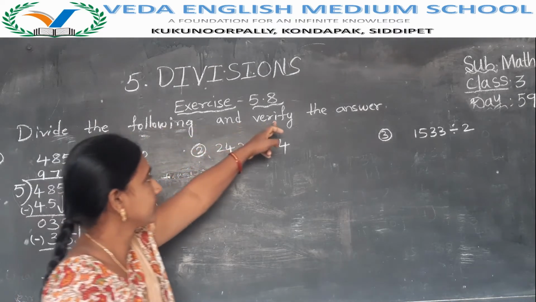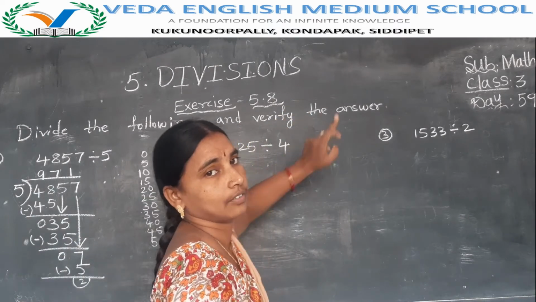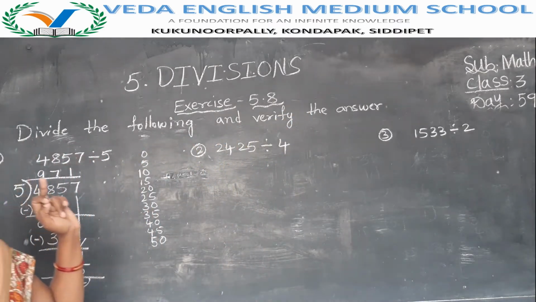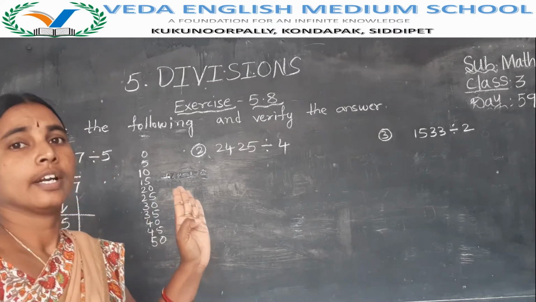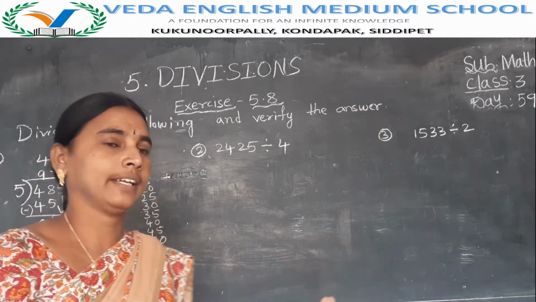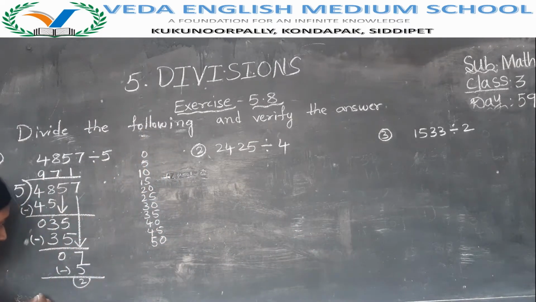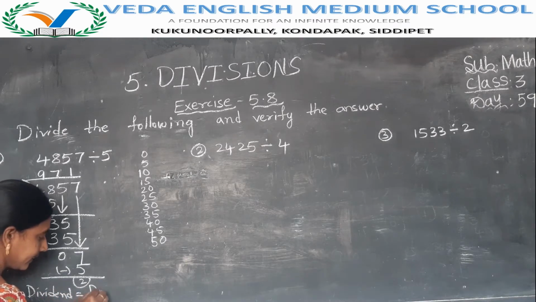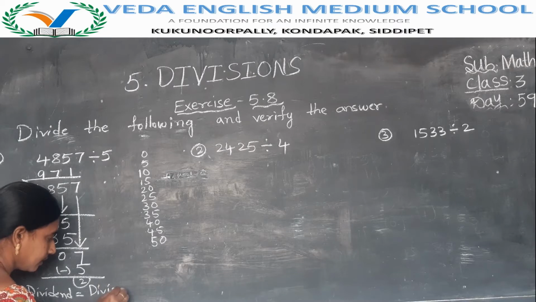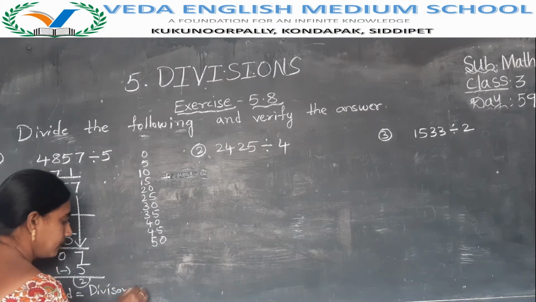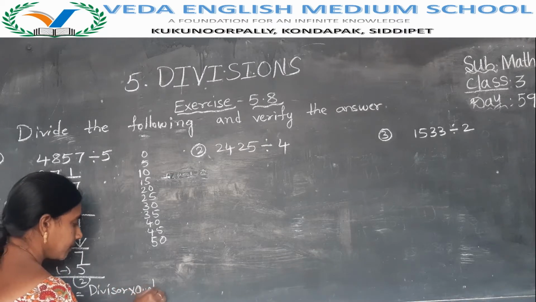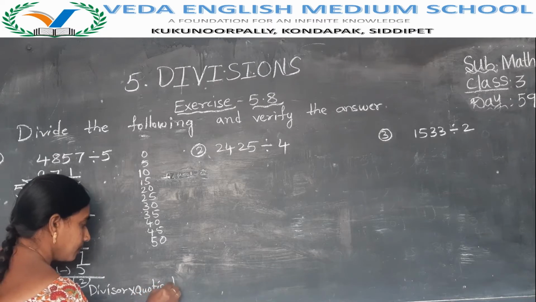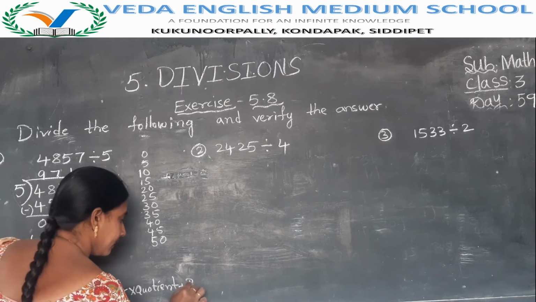What is next? To verify the answer, I already explained the principle: dividend equals divisor into quotient plus remainder. So now write here: dividend equals divisor into quotient plus remainder.